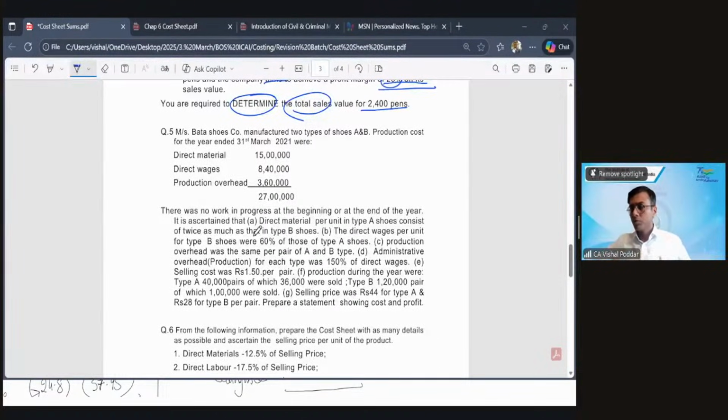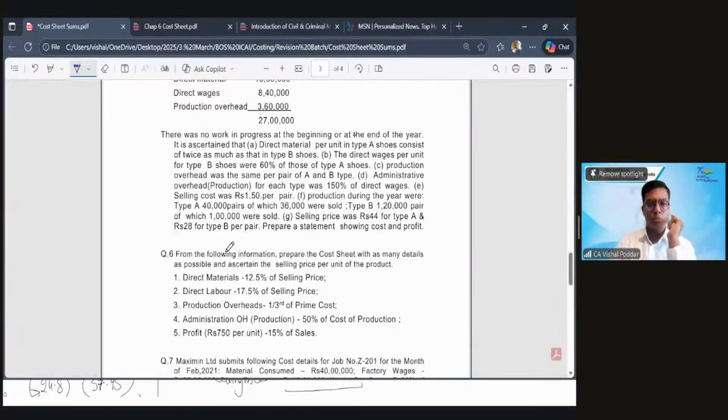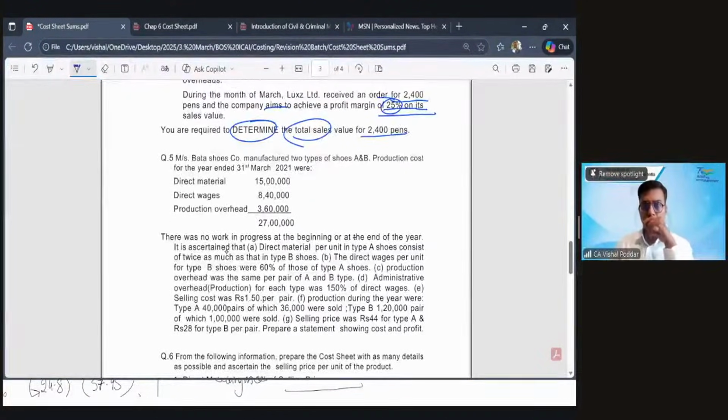So, now in this, students, language is the key. What it says, Bata company is manufacturing two different types of shoe, A and B. Production cost for the whole year is direct material, direct labor, overheads.